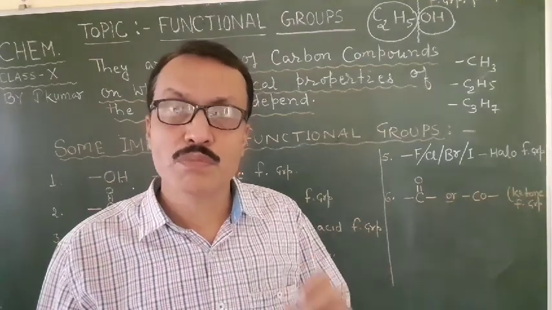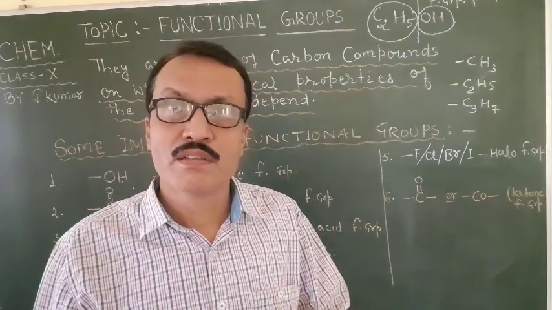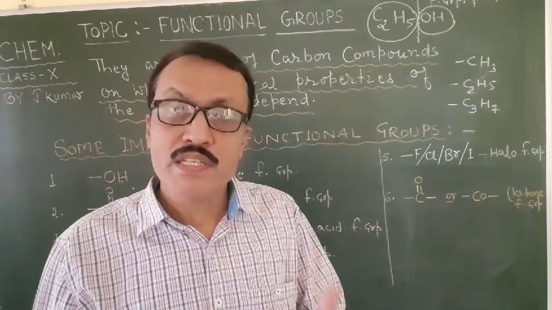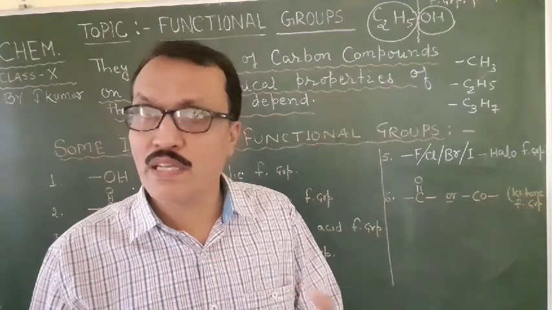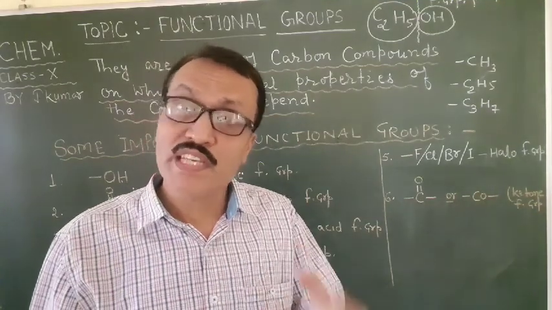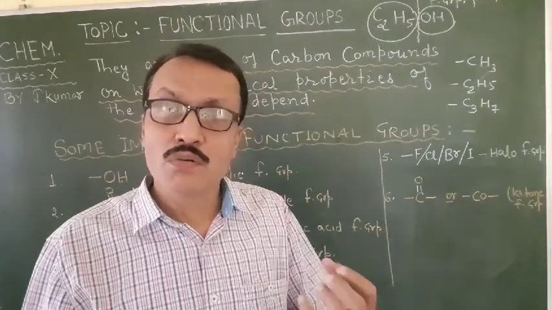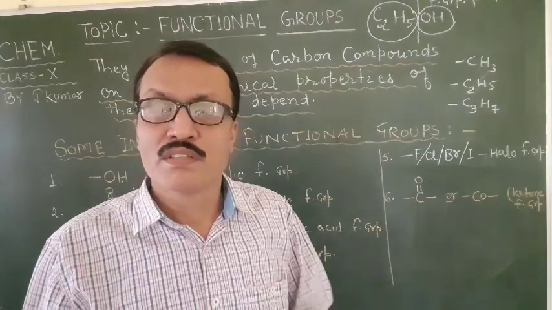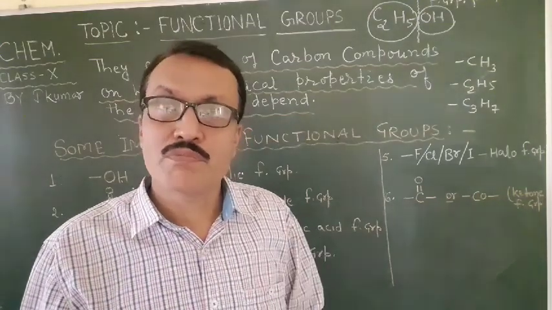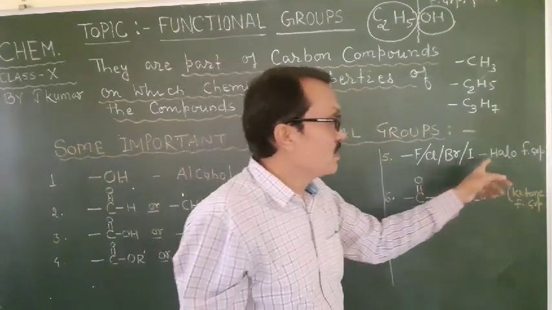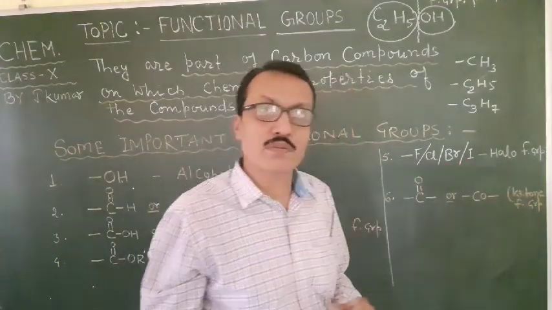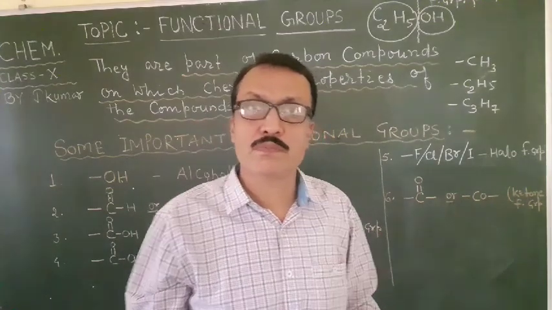Fluorine, chlorine, bromine, iodine, they are very important elements known as halogens, and if they are present along with carbon compounds, they are treated as a functional group, and this functional group is known as the halo functional group. Halo functional group.